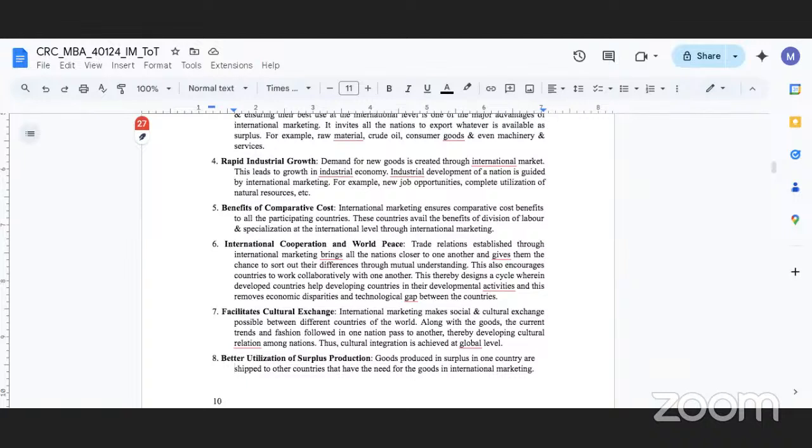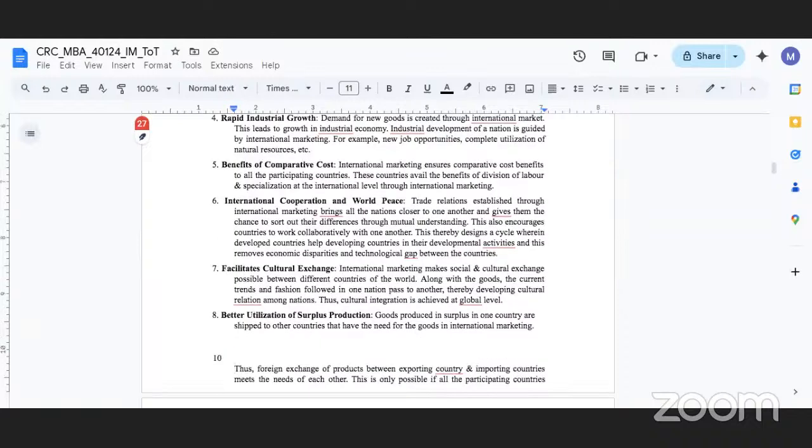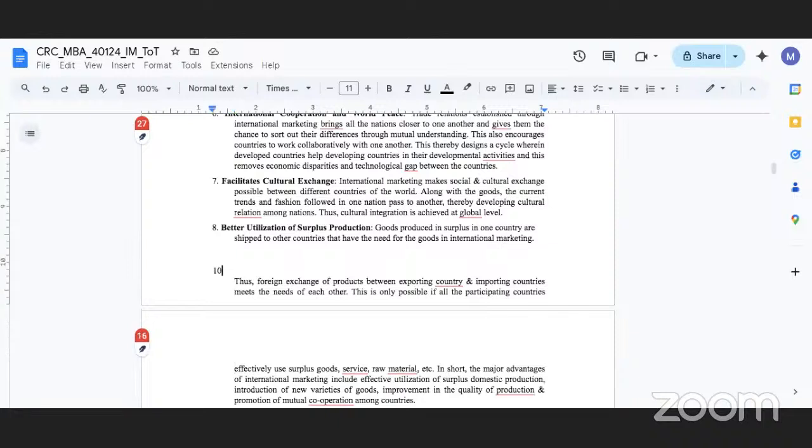So, benefits of comparative cost. There is a comparative cost involved in all participating countries. This comes through because of the benefits of the division of labor and specialization in the international market.